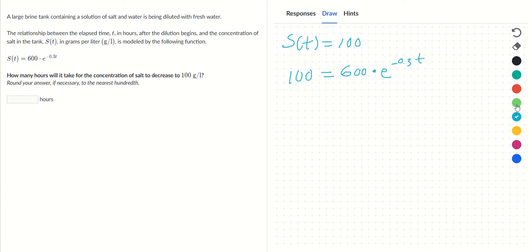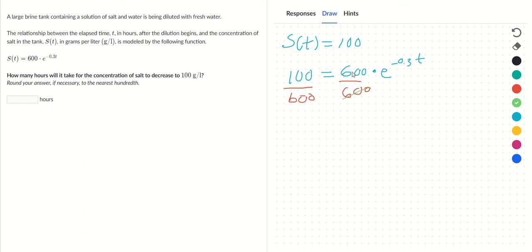Okay, so once you have that, you can work with it. What do you do first? Well, I have 100 here and 600 here. I can divide both sides by 600 to eliminate 600 from one side of the equation.